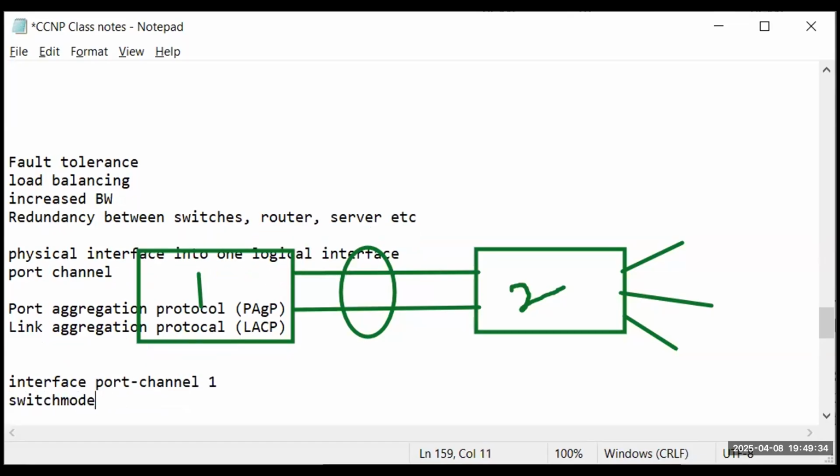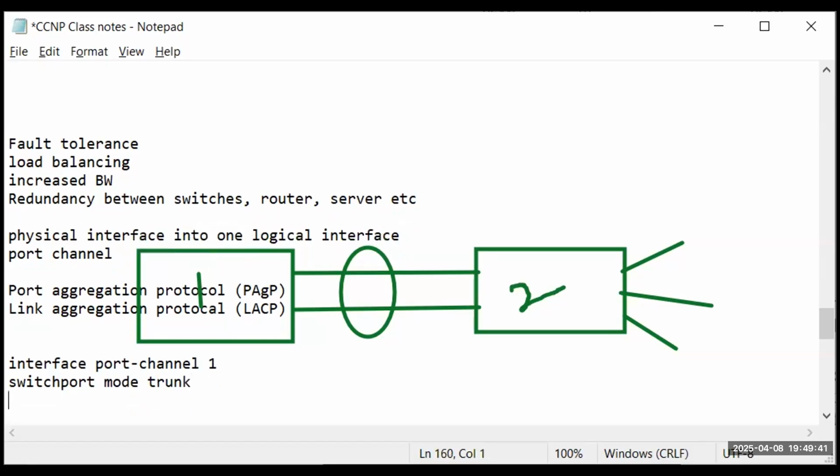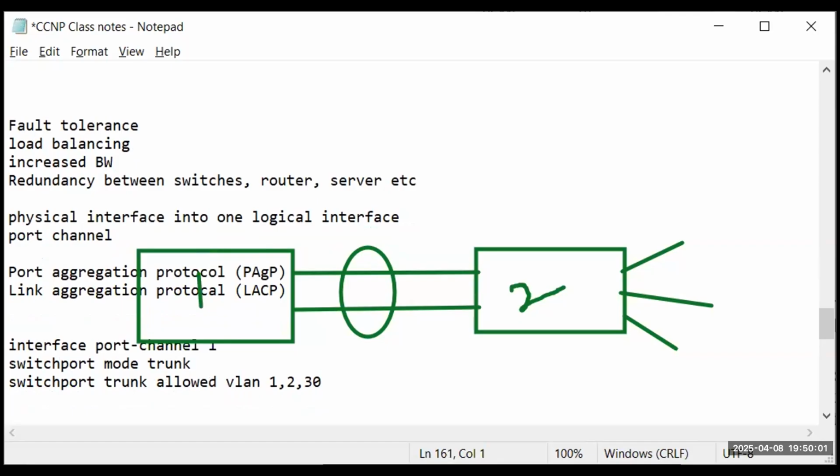So switchport mode trunk, switchport trunk allowed VLAN 1 to 20, 30, any number of VLANs which you want to allow. This is on the virtual, logical port that you are going to create.